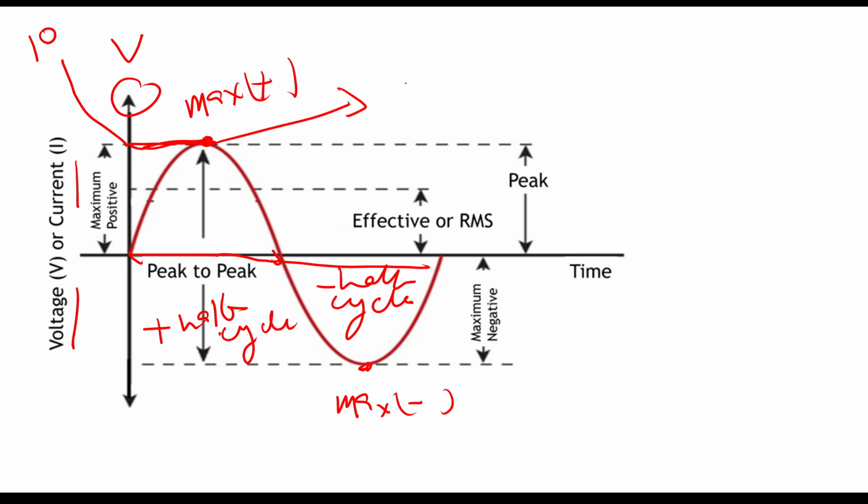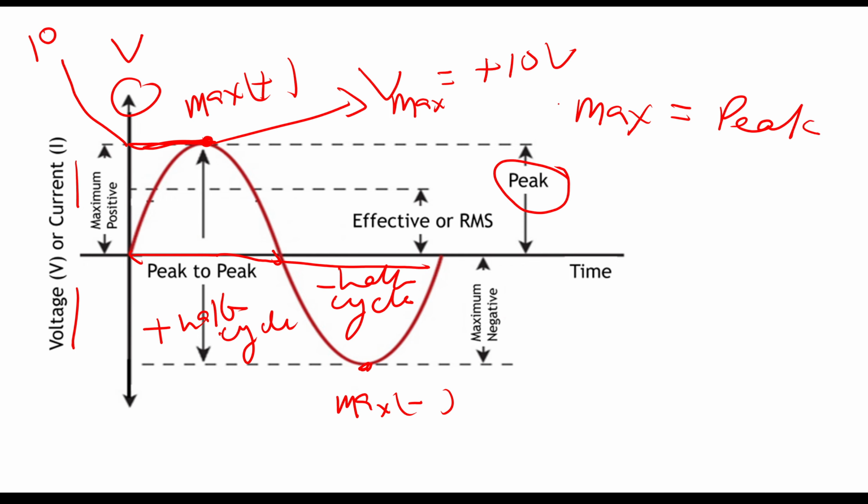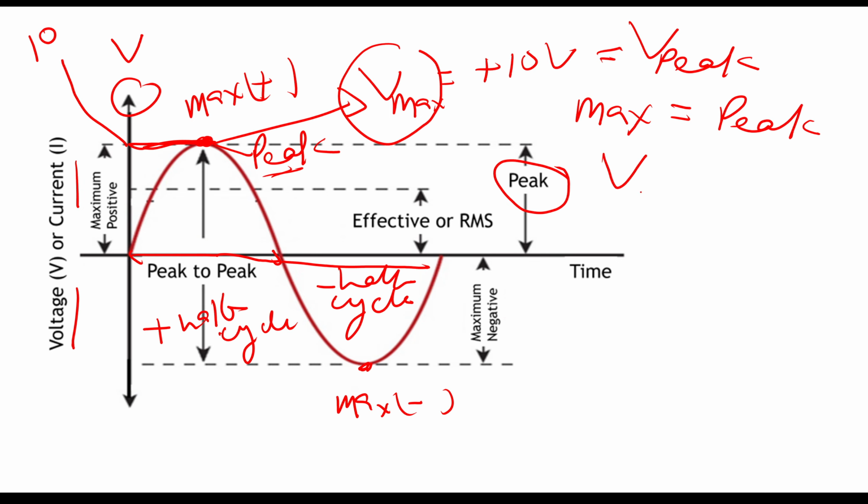If I say the maximum or the peak, it has the same meaning. If I say this is a peak of the signal or the maximum point of the signal, it has the same meaning. Sometimes we write it in short form, the maximum voltage as Vm, and this is the peak voltage, with the same meaning.